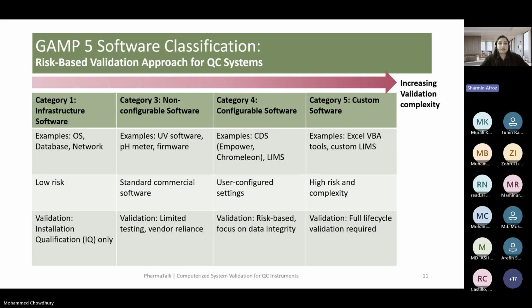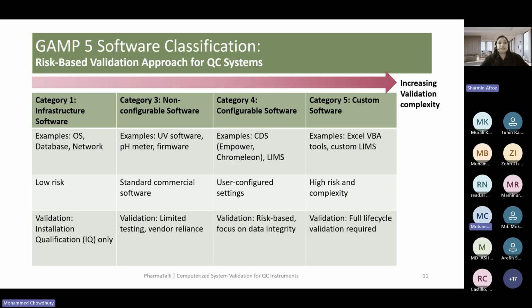As you can see, validation complexity increases. Sharmin, ERP systems or SAP systems fall in category 5, right? Yes, because they are prepared as per the business needs of the customers.